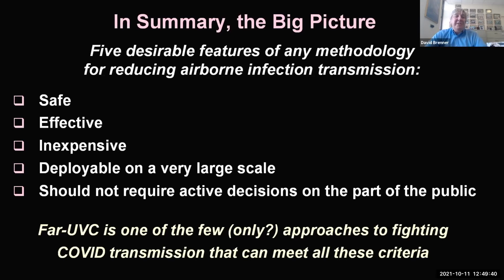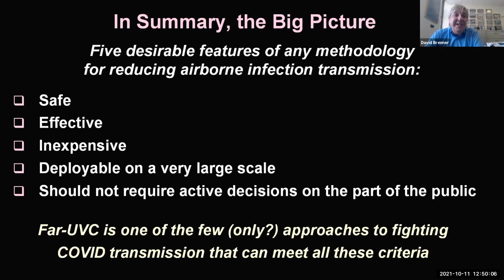And very important, I think we've learned this over the last 6 months or so, it should not require active decisions on the part of the public. Whatever you ask the public to do, some will mask up, some will social distance, some will have vaccinations. But what we've learned is that a considerable fraction won't.